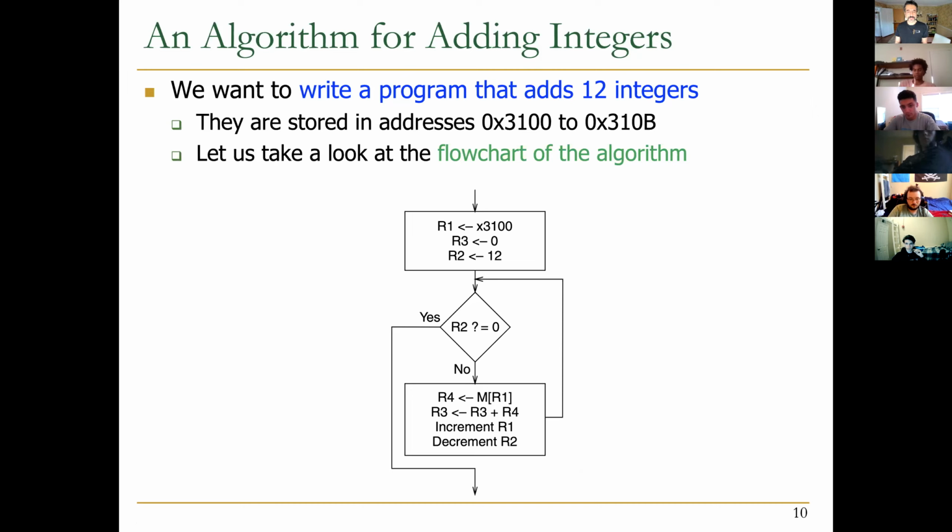In this case, for example, we want to write a program that adds 12 integers. You have seen this, we did this in MIPS, similar logic here. These numbers are stored in memory. In this case, we have 12 numbers.